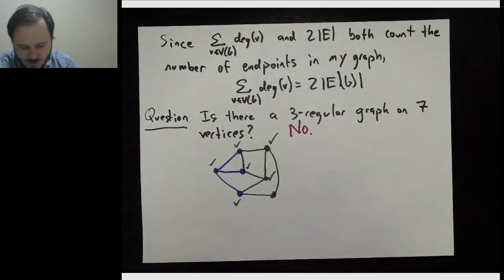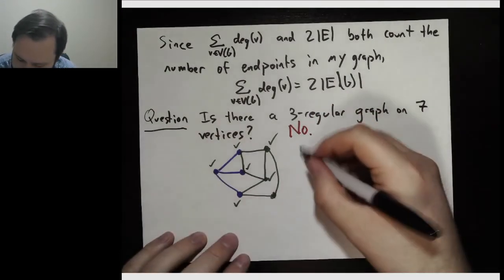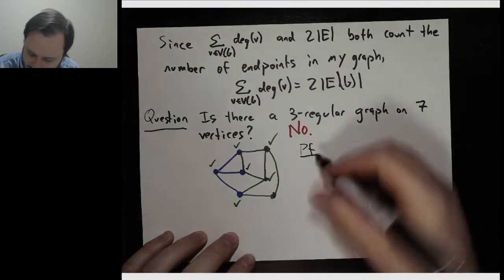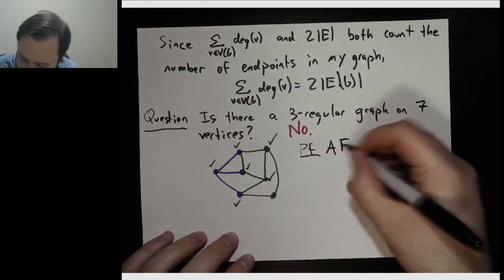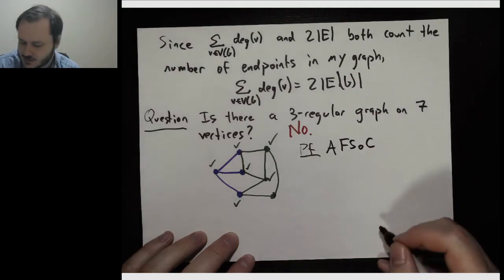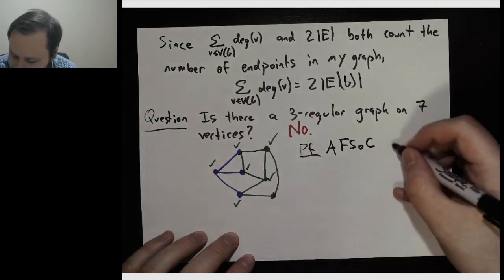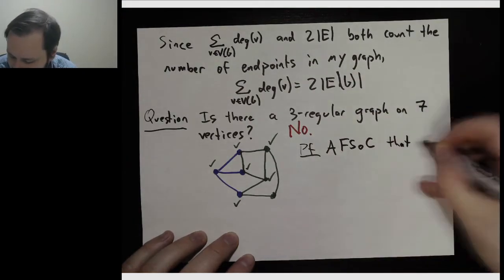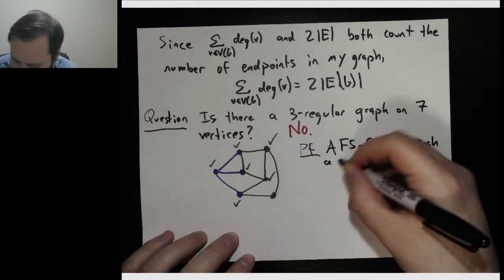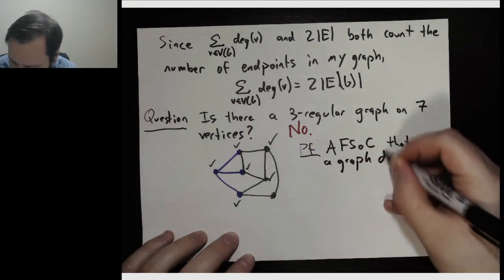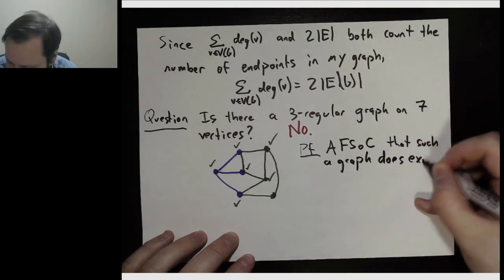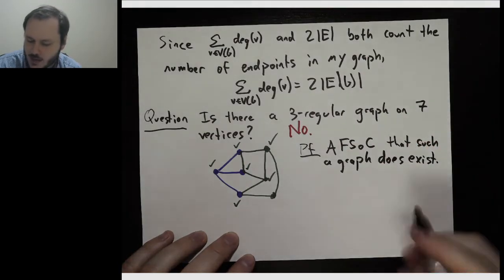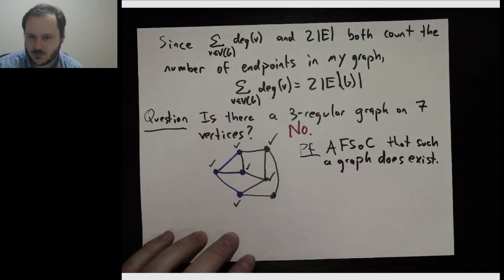And I can prove it by contradiction. So assume, for sake of contradiction, that there is such a graph. I want to use the handshaking lemma.